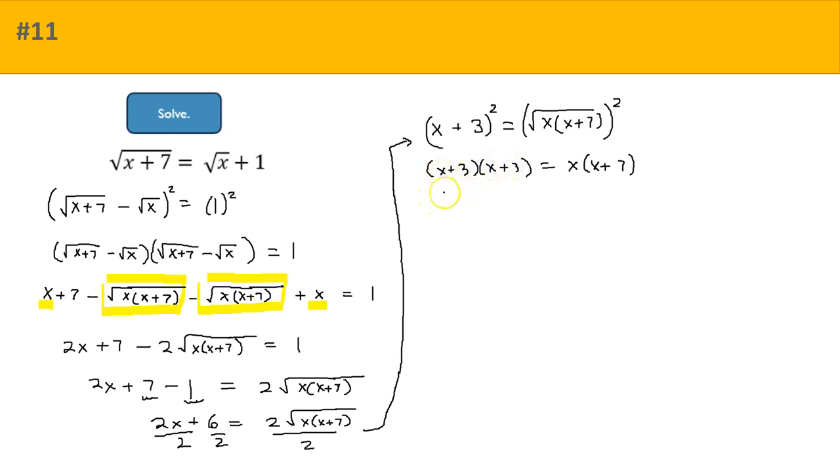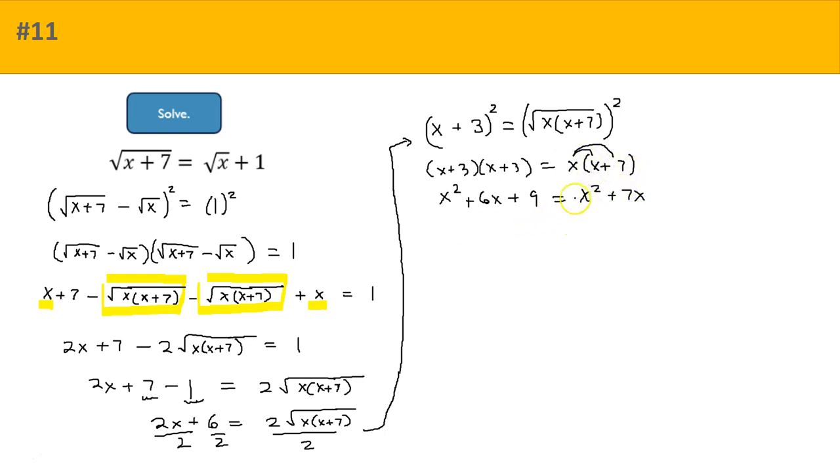So here we're going to distribute. We'll get x squared plus 3x plus 3x again gives me 6x. Right, and then we have 3 times 3, which is 9. Okay, at this point we can distribute the x. x times x is x squared. x times 7 is 7x.